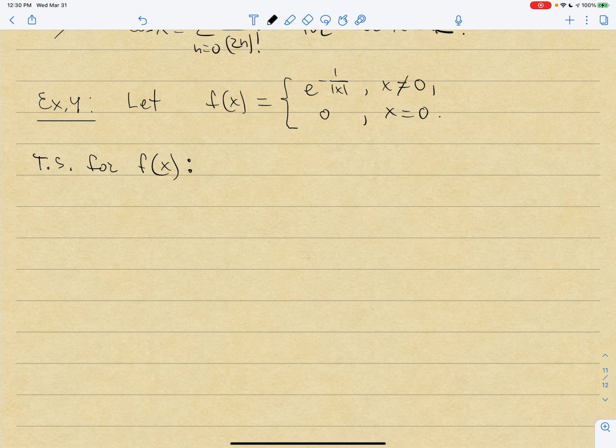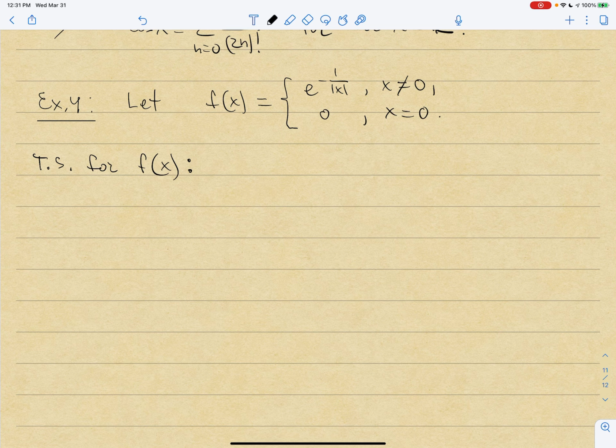Okay, so when can I construct a Taylor series? I can do that as long as my function is differentiable infinitely many times at 0. And if I look at this f of x, clearly it is differentiable if x is not equal to 0, right?